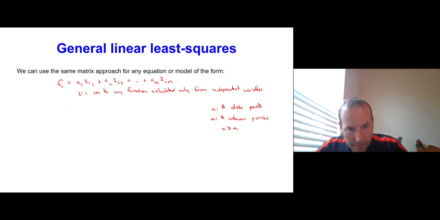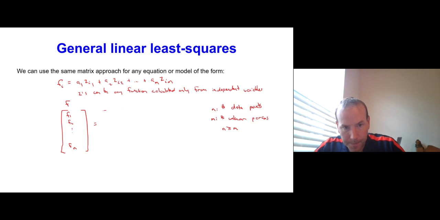We have an F matrix and we get a Z matrix, Z11, Z21, Z12, up to ZNM.